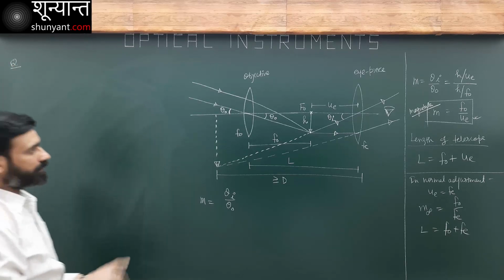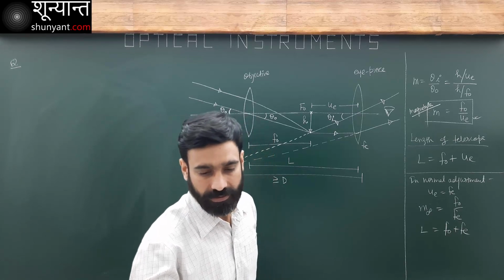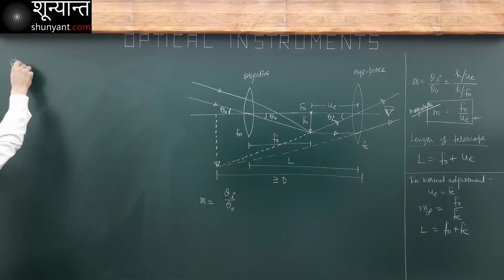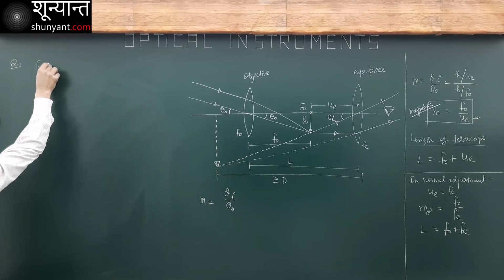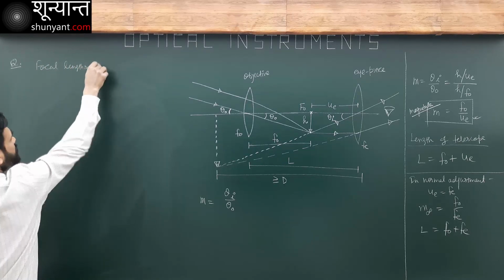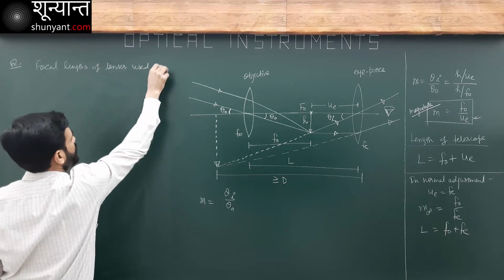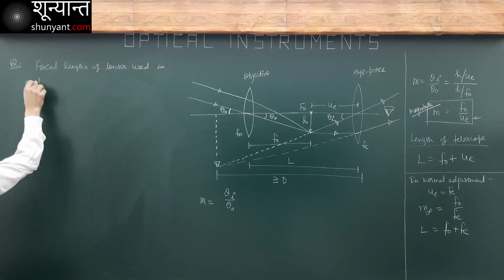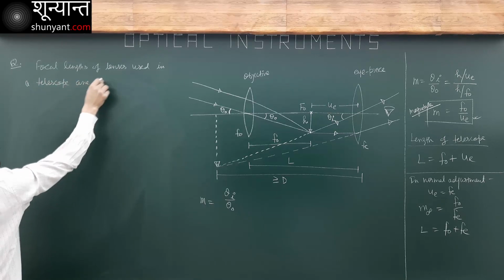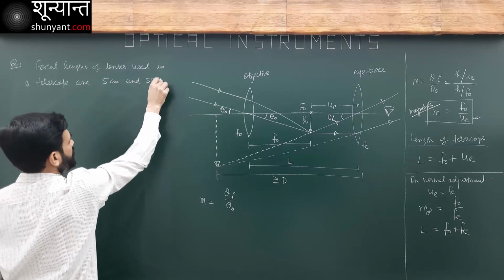I hope that all of this is clear. Are you able to see clearly? Yes, I hope. Now, the focal lengths of lenses used in a telescope are 5 centimeter and 50 centimeter.